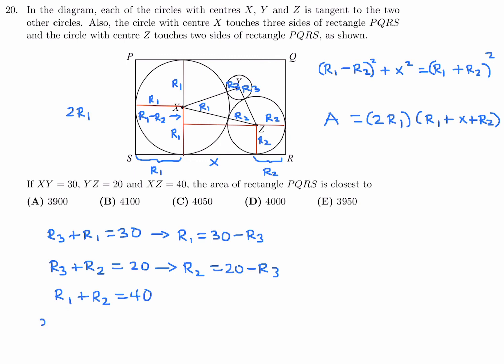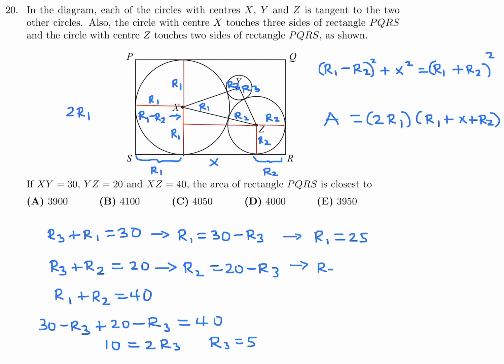So R1 is 30 minus R3, R2 is 20 minus R3, and that would be 40. So that would mean that 30 plus 20 is 50. 50 minus 40 is 10. 10 is equal to 2R3. So that means R3 is equal to 5. And then substituting back into here, this would give me that R1 is 25 and R2 is 15.